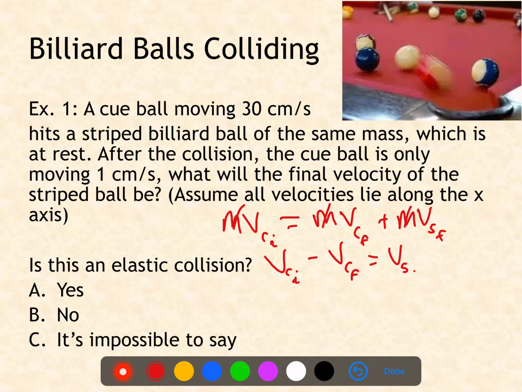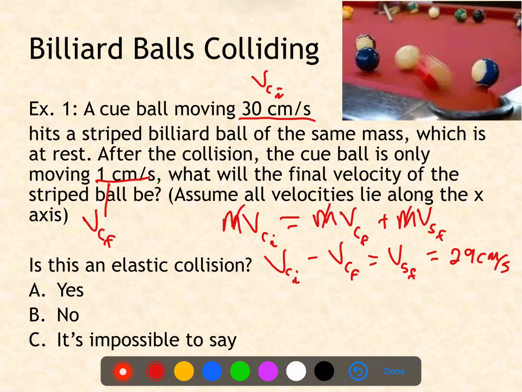Since the cue ball was initially moving at 30 centimeters per second, and afterwards it's moving at 1 centimeter per second, then it's easy to compute that 30 minus 1 gives me 29 centimeters per second for the striped ball.